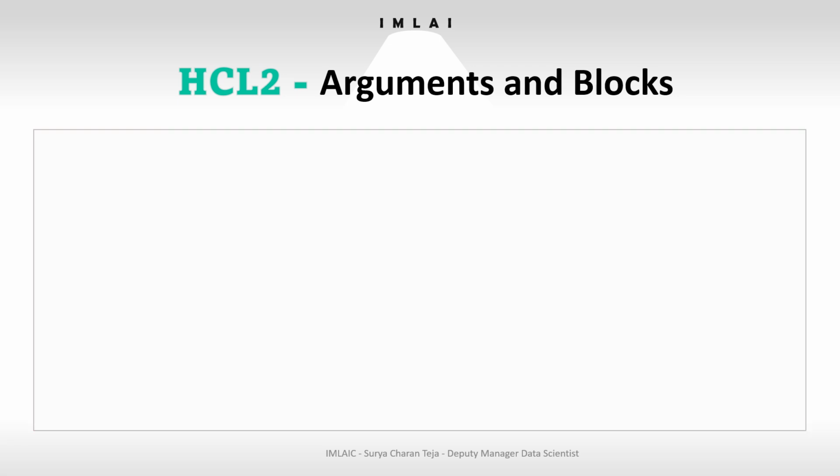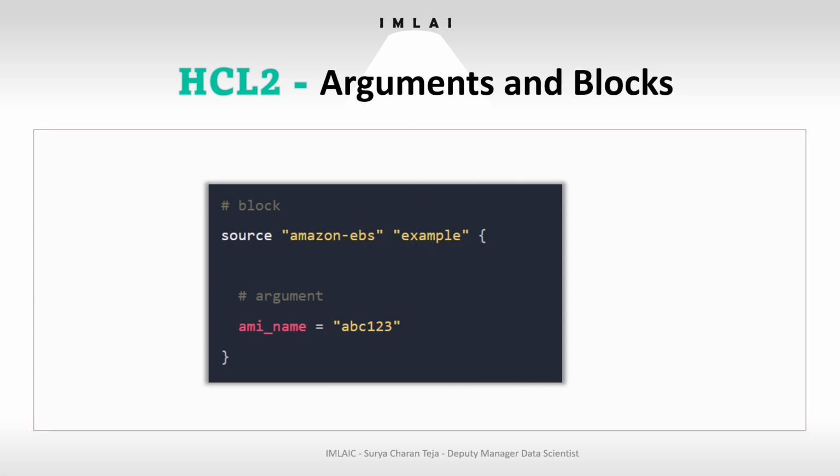So let's see the syntax of the HCL language, which consists of only a few basic elements. It begins with a source. You can see that it's a complete block, and it begins with a source, which is the block type. Then it consists of block labels.